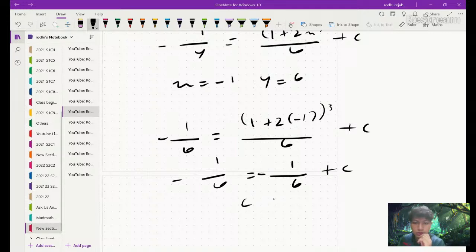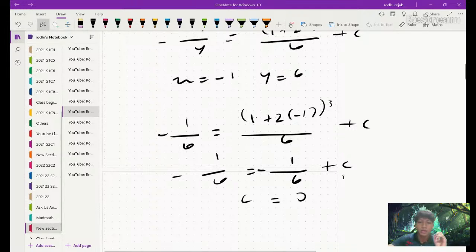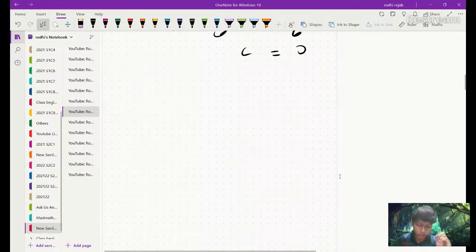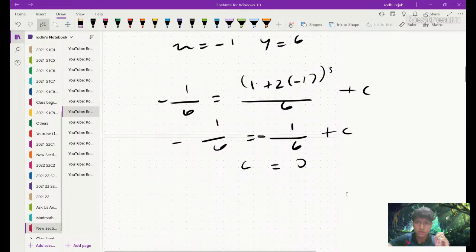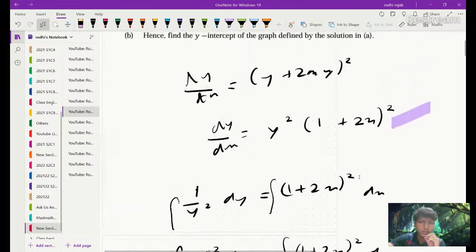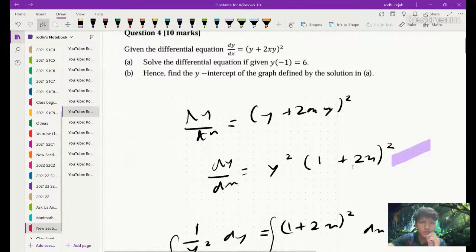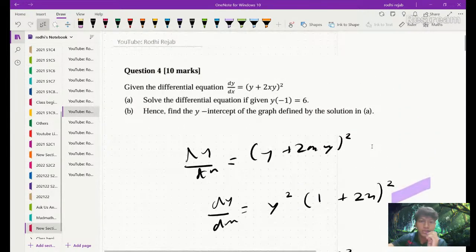So the value of c, we will get 0. Then we go to the question B. Hence, find the y-intercept of the graph defined by the solution in A.